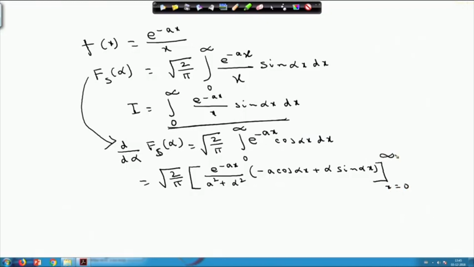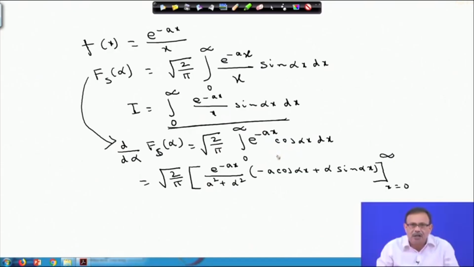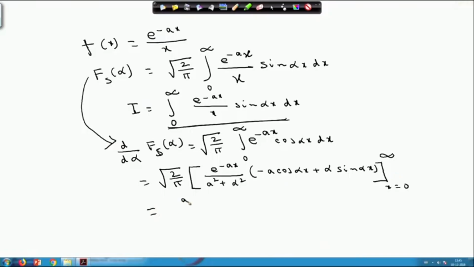I am not showing this directly, because here d by d alpha of F s of alpha equals the integral of e power minus a x cos of alpha x, which is a standard integral. So, we have directly written the result. Once you put in the limiting values, you will obtain a by a square plus alpha square, with root over 2 by pi, and all other terms will be 0.